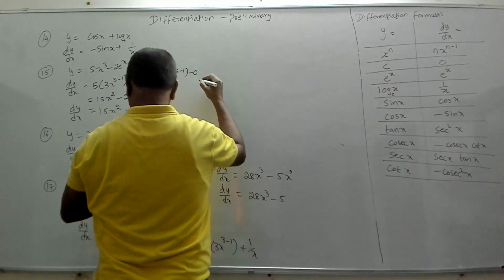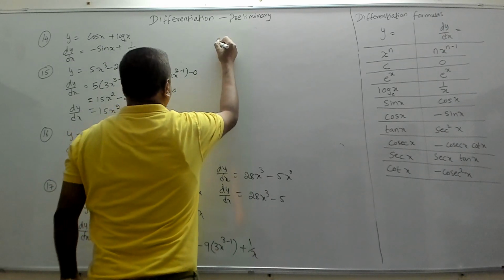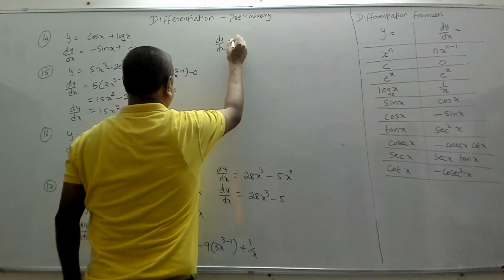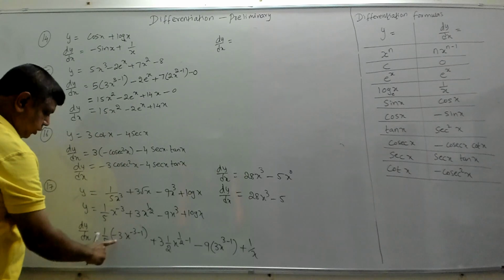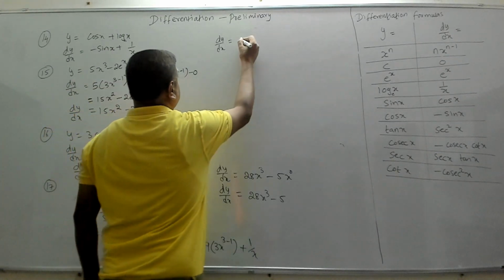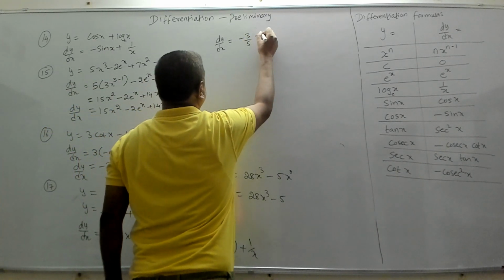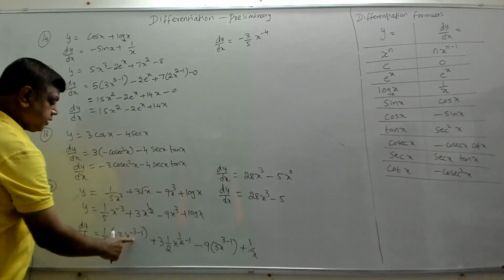Right, so the continuation is dy by dx is equal to 1 by 5 into minus 3 is minus 3 by 5 x power minus 4, because minus 3 minus 1 is minus 4.